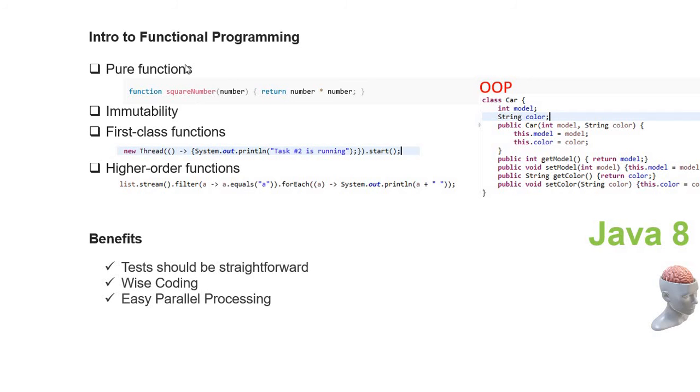So yeah, that is a major advantage of having functional programming. Like multi-threading is easily doable, and since everything is immutable, we are very safe with functional programming.